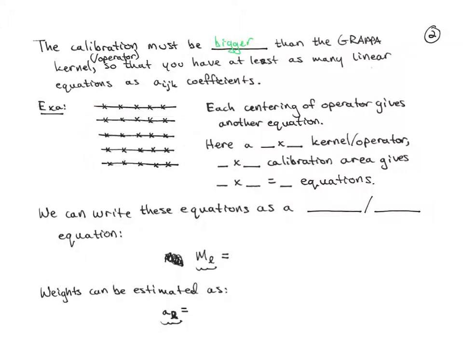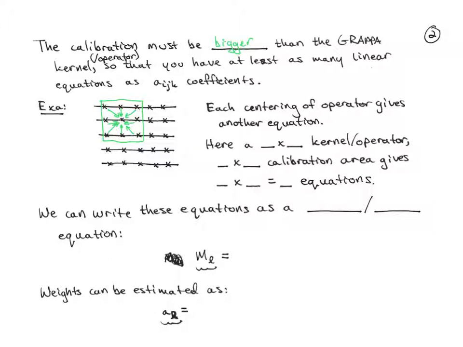As an example, this is depicting a fully sampled region of k-space, and what we're going to do here is slide a window around it. At each location we take each sample, multiply it by the weight, and synthesize the other sample. But because we already have the synthesized samples, we can invert this to figure out what the weights are.